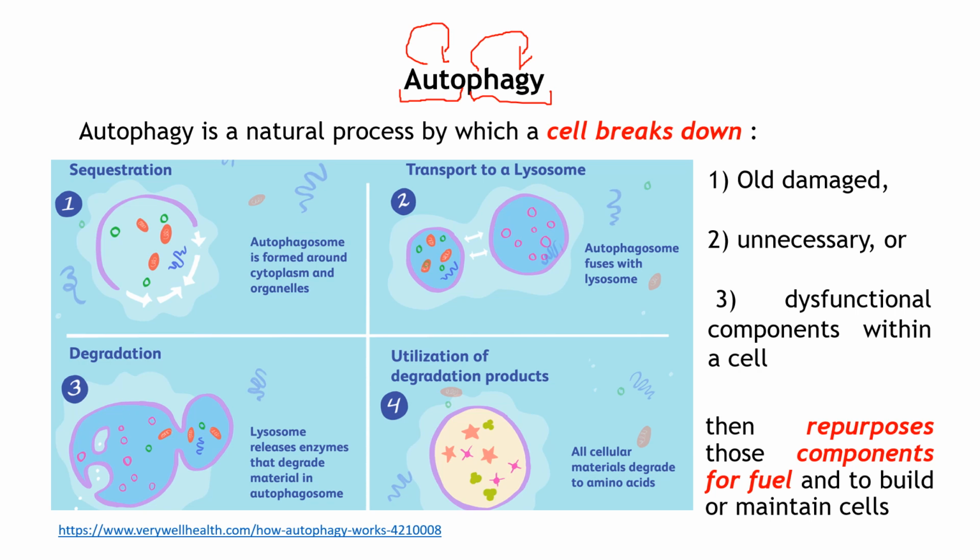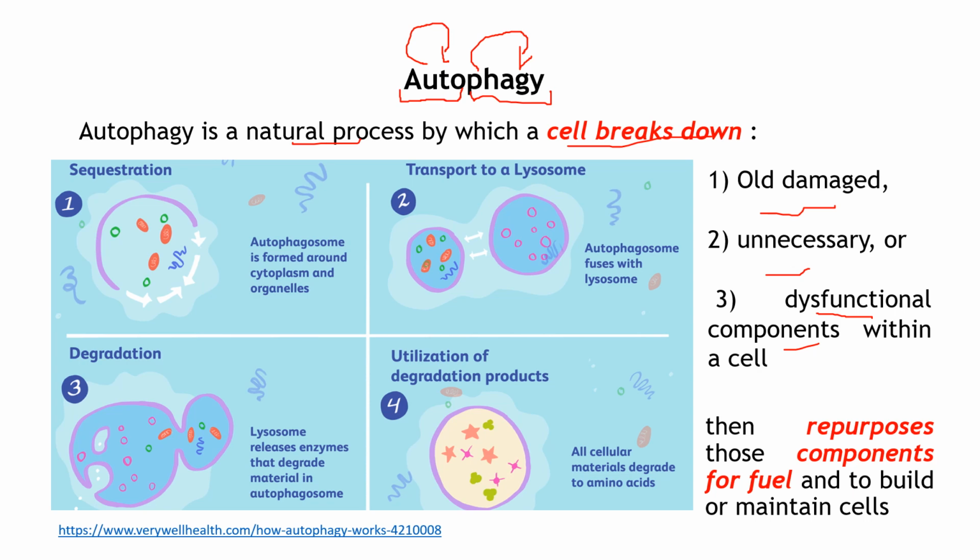So autophagy is a natural process by which the cells break down. If you have an old and damaged cell, an unnecessary cell, or a dysfunctional component, the idea is that the elements of the cell are still useful. All these ATP, all these amino acids are useful.